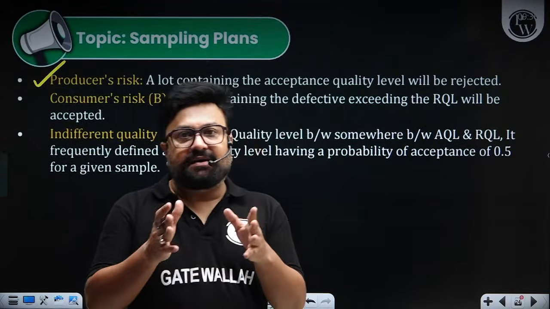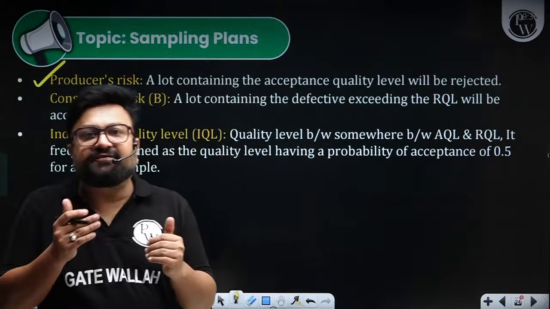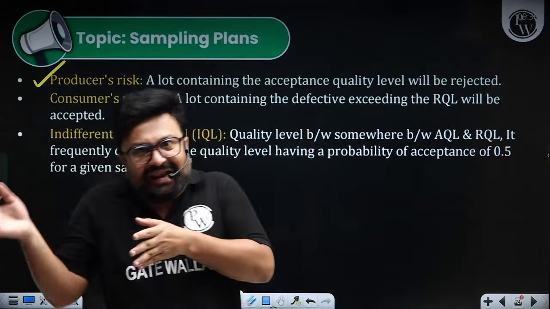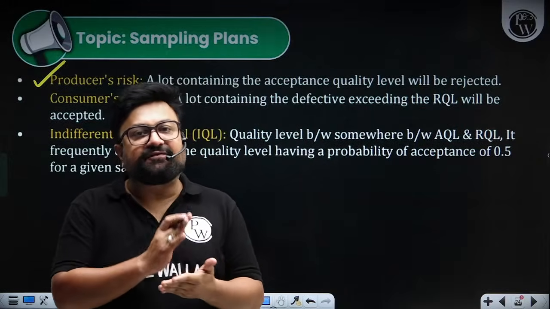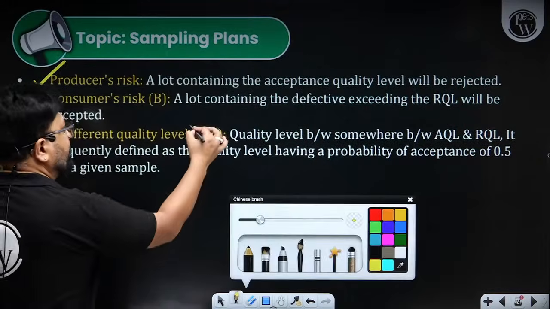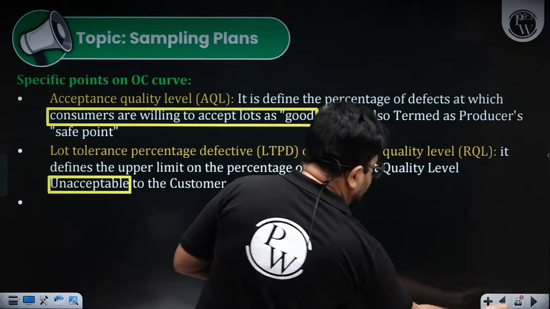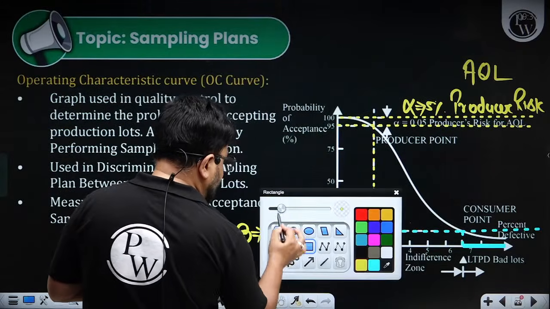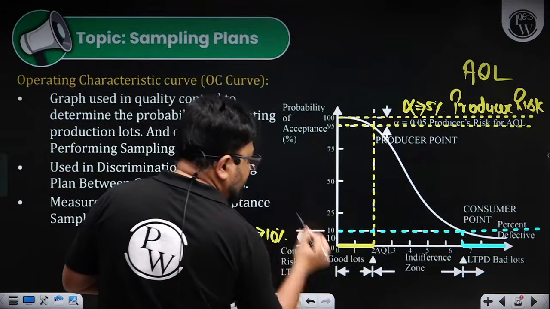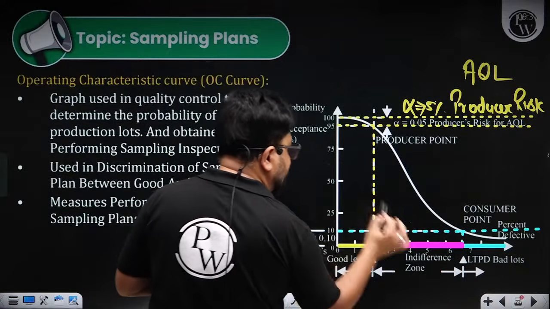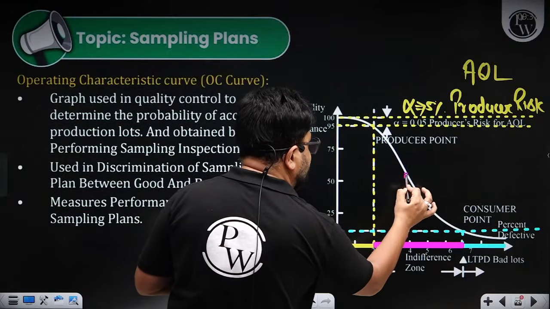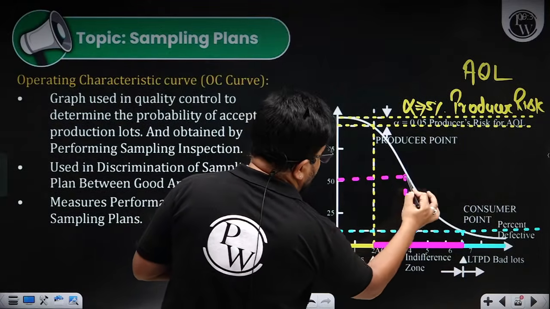And the lot which has defects more than AQL and less than RQL is known as indifferent quality level. So indifferent quality level comes in between. This is an indifferent quality level whose probability of acceptance is nearly 50%.